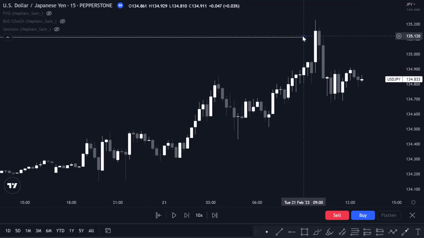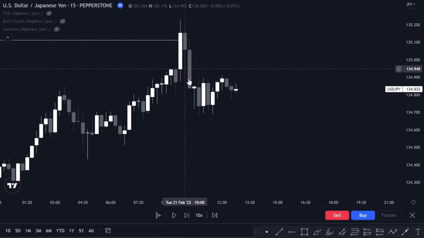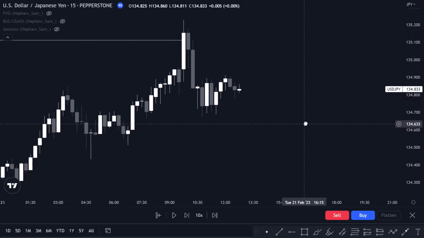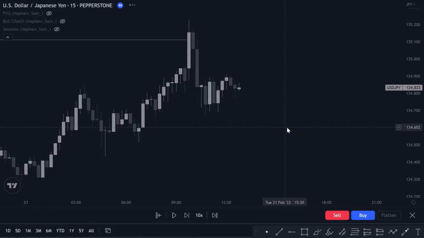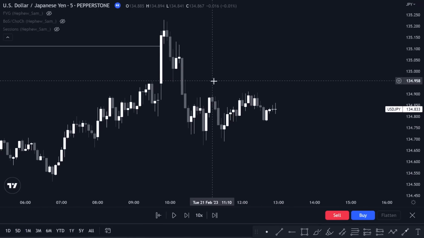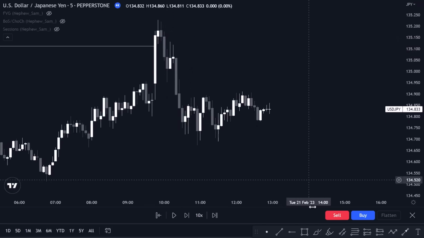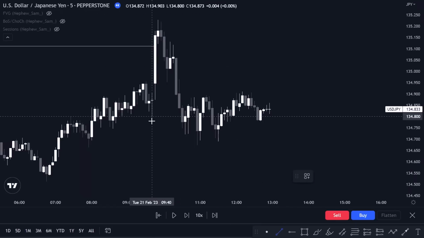I'm going to go to the 15 minutes, see how price takes the liquidity, goes down. Now what do we have? See if we have something interesting in 5 minutes. So basically, on the 5 minutes, first of all, we need to see a change of character right here.